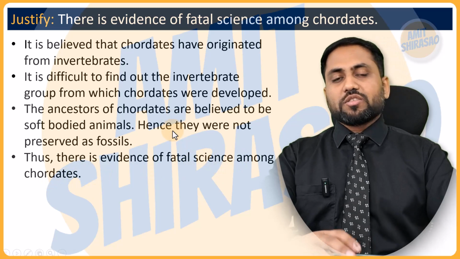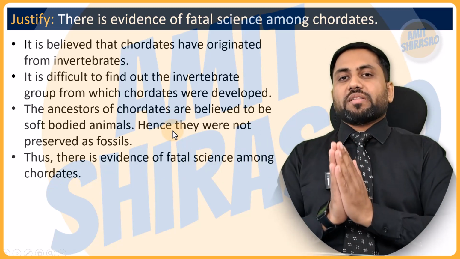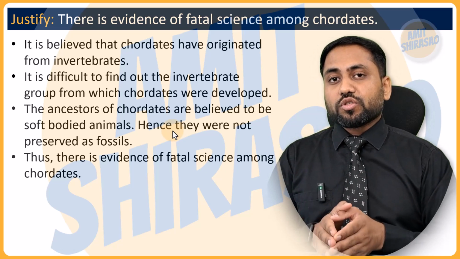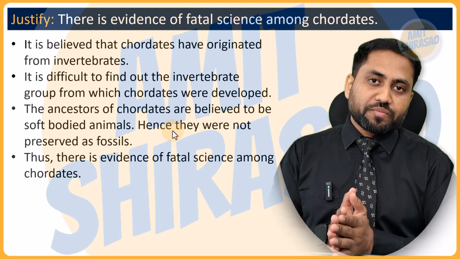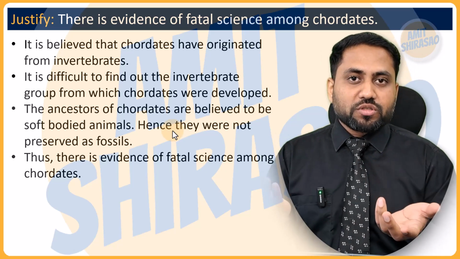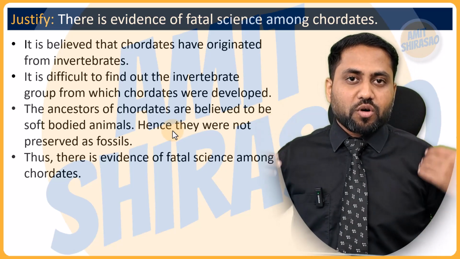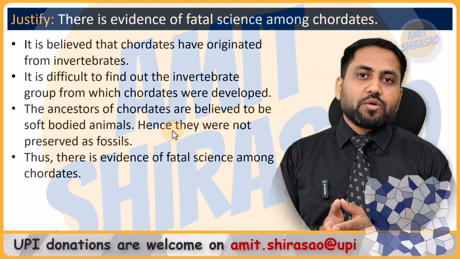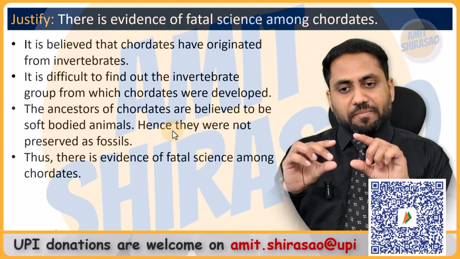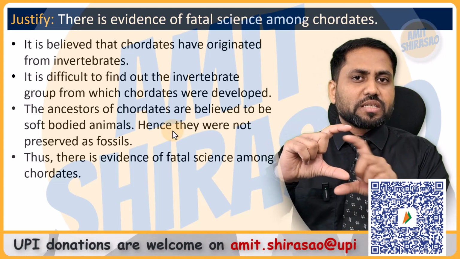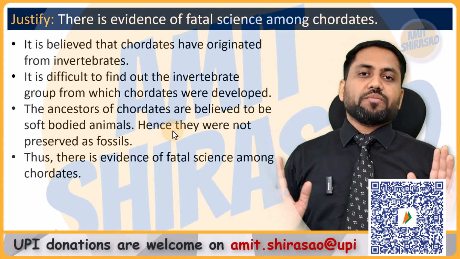So that means, since you could not find the ancestors of chordates, their ancestors must be those who didn't have bones. If they didn't have bones, they didn't have the vertebral column as well, and that's why their ancestors were invertebrates. And this is how they tried to prove that chordates, who were amongst the first vertebrates, originated from invertebrates.